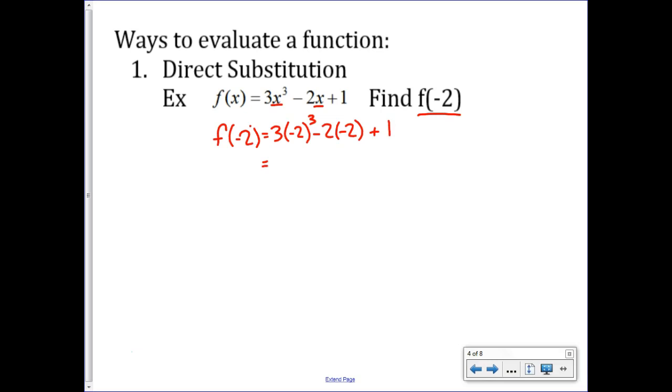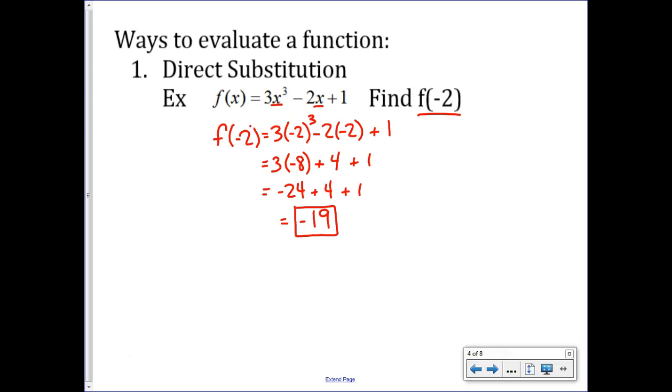So negative 2 to the third is negative 8. Now, 2 times negative 2, that would be a plus 4 plus 1. So I get negative 24 plus 4 plus 1. So that would be negative 19. That is called direct substitution. That's one way we can evaluate.